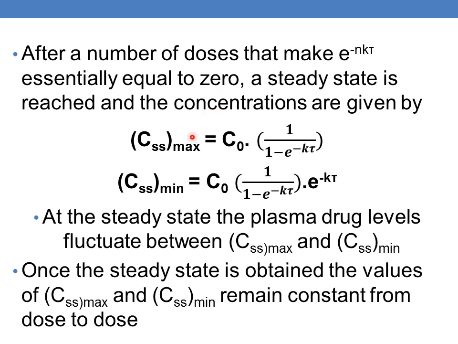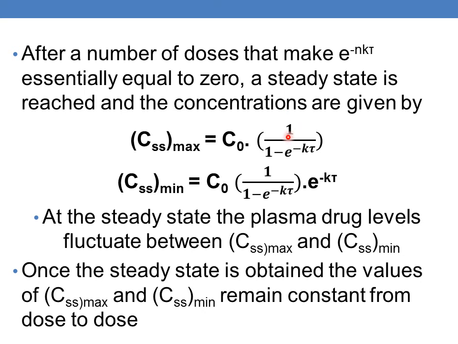The steady state concentrations are also very important, and the steady state maximum and steady state minimum are given by CSS max equals C naught into 1 by 1 minus e to the power of minus k tau, because e to the power of minus nk tau approaches 0 and anything to the power of 0 is equal to 1. So the numerator becomes 1 in the previous equation.